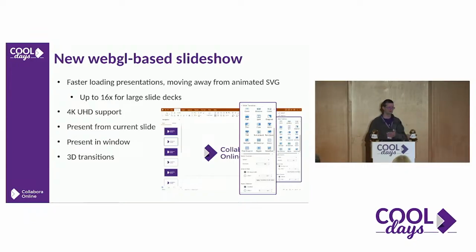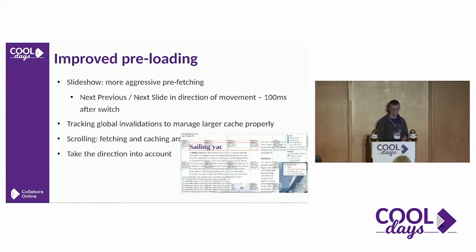You can already show something, and then it's much more snappy. I mentioned the preloading in general, but also for the slideshow, we can preload the previous slide, next slide, and that also means that when I change slides, then it's more snappy.